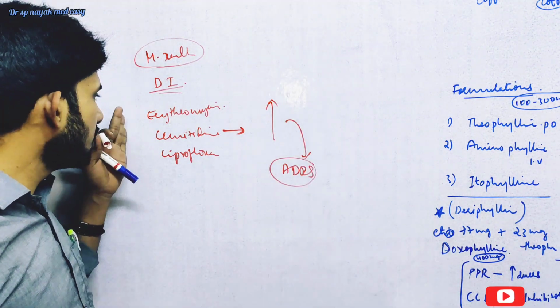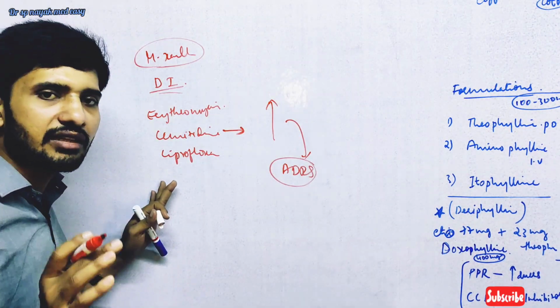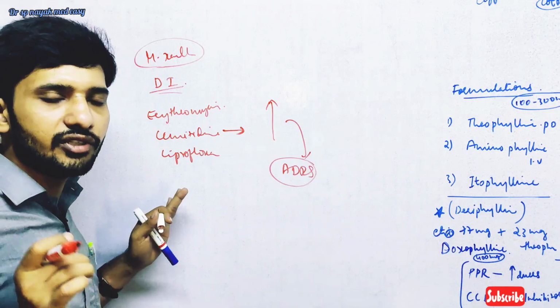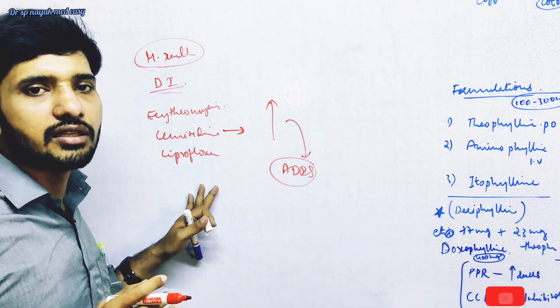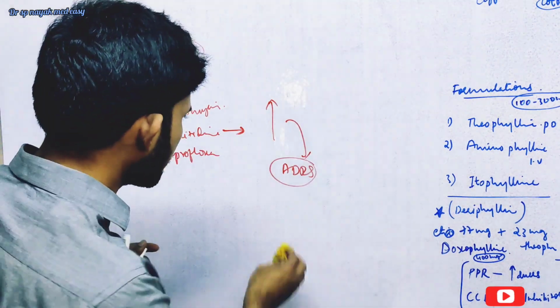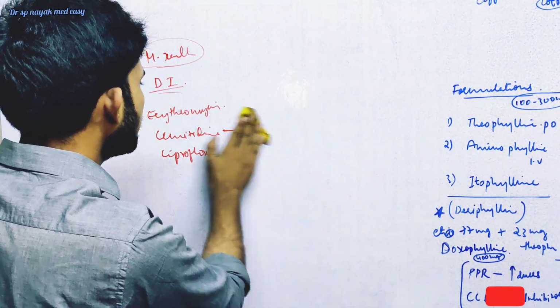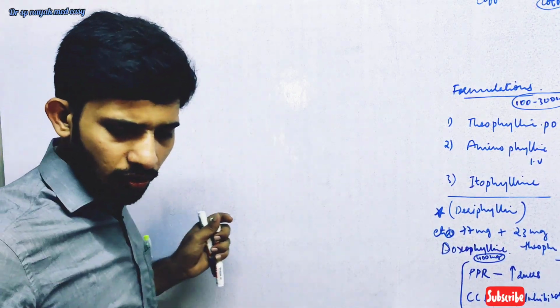So while giving these drugs, we have to monitor the ADRs, and when the methylxanthines are given along with these drugs, we should definitely reduce the usual dose of methylxanthines. So this is a very important interaction. So these are some drug interactions and their effects. And listen guys, methylxanthines are narrow therapeutic drugs.